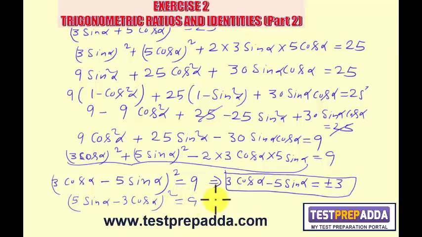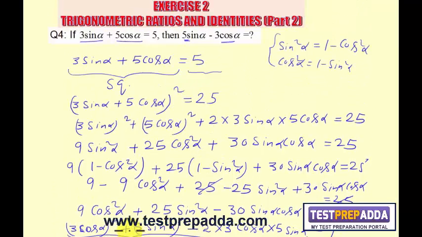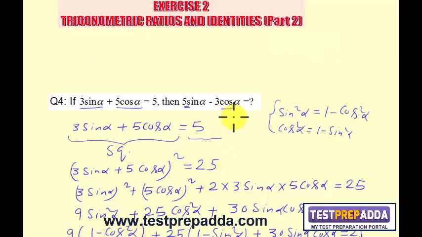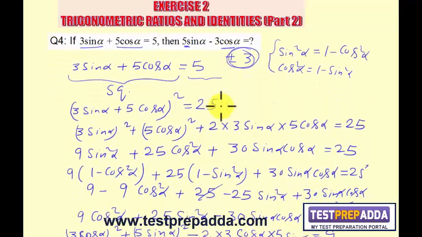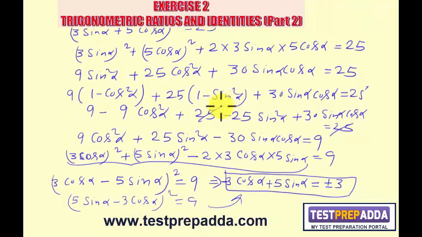So this is 9. So 5 sin alpha minus 3 cos alpha, the value will remain the same, plus minus 3. Got it? So this is the answer of this question.